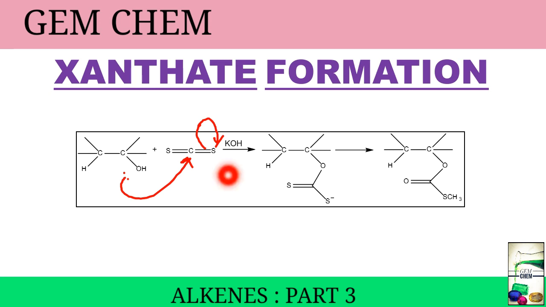Next, we see that this one abstracts a CH3 group. From where does it obtain the CH3 group? It obtains the CH3 group from methyl iodide which is added later. So this negative sulfur attacks this methyl and this iodine goes away.